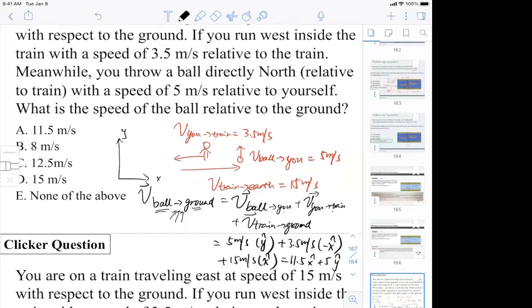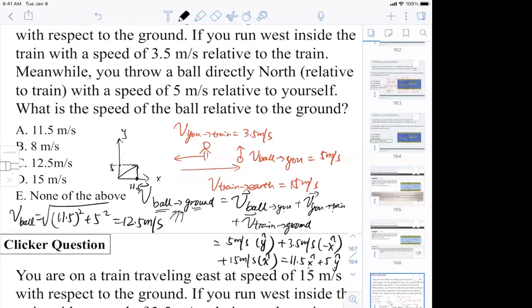Okay, so 11.5 x hat and 5 y hat. So overall, the speed of the ball is going to be the square root of 11.5 squared plus 5 squared. That's the speed of the ball, and that's 12.5 meters per second. Okay, so these are 2 different directions, but the vector addition still adds up to be true.